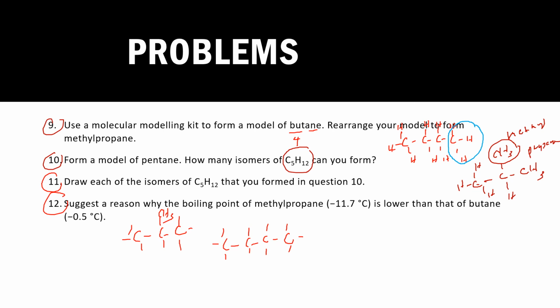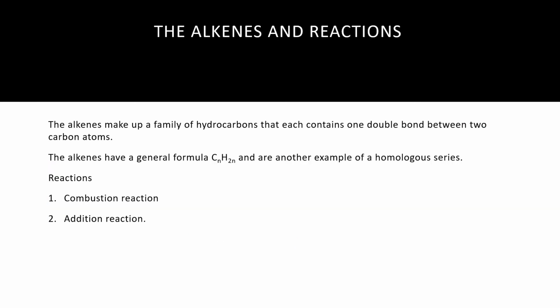Okay, we move on to the other slide. The alkenes and their reactions. The alkenes make up a family of hydrocarbons that each contain a double bond between two carbon atoms. The alkenes have a general formula CnH2n and are another example of a homologous series. Reactions: combustion reaction and addition reaction.